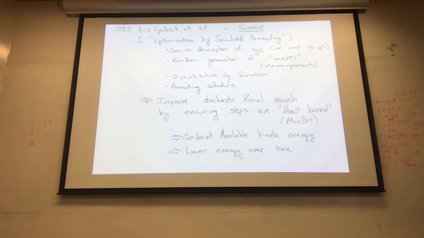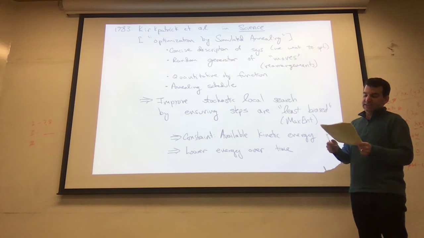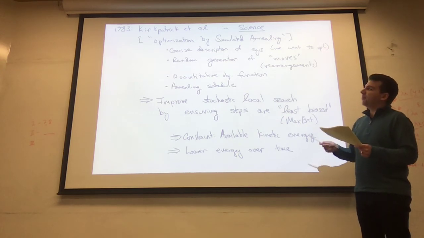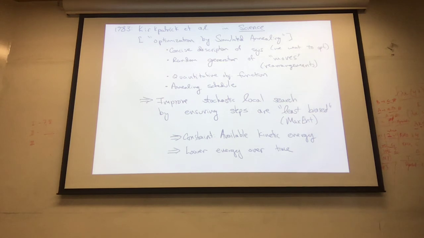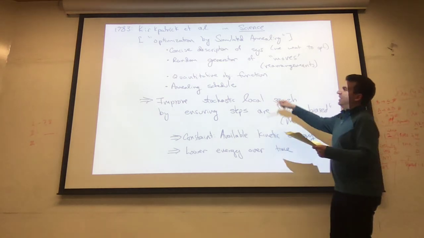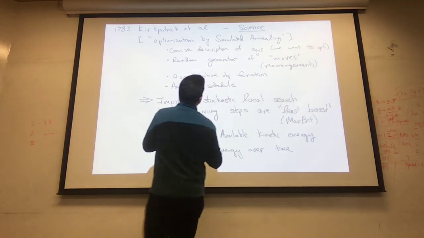Professor? Yeah. The very first step, concise description. What exactly is a concise description? A concise description of the system. You know, I was actually hesitating when I wrote that because I don't remember what he was talking about. Because you need an objective function and you need a random generator.